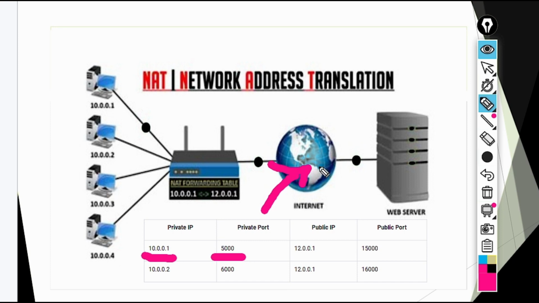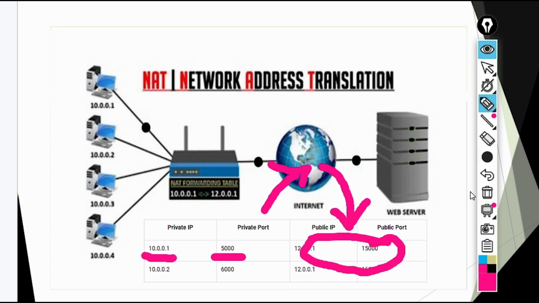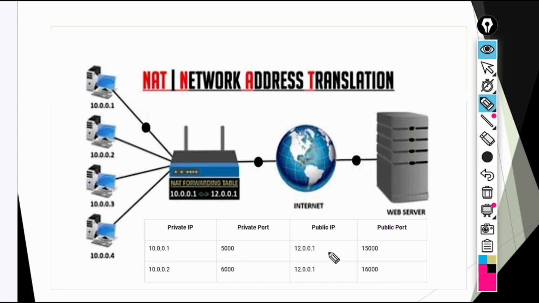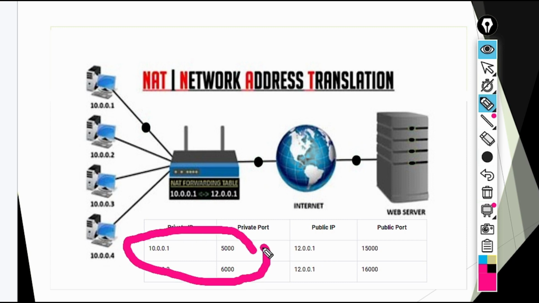The internet gives the response back to this public IP address and public port, and again checks with the NAT table and converts back to the private IP address 10.0.0.1 and port 5000, and gives the response to 10.0.0.1. So NAT is network address translation, which converts private IP to public IP and public IP to private IP.